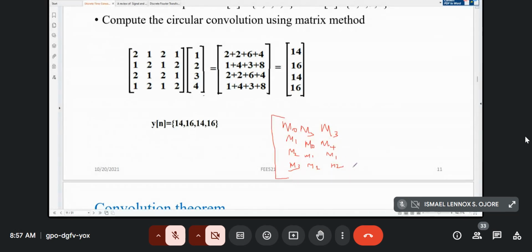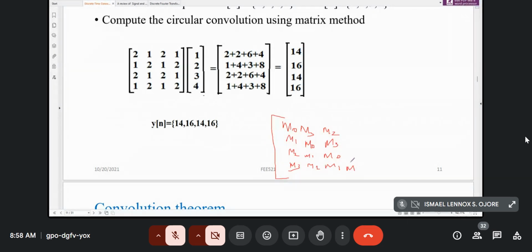Somebody can remember what you call this matrix, because I think you also use it in linear algebra somewhere. Oh, this is m1, m2. Sorry about that. You are starting with m0, m1, m2, m3.